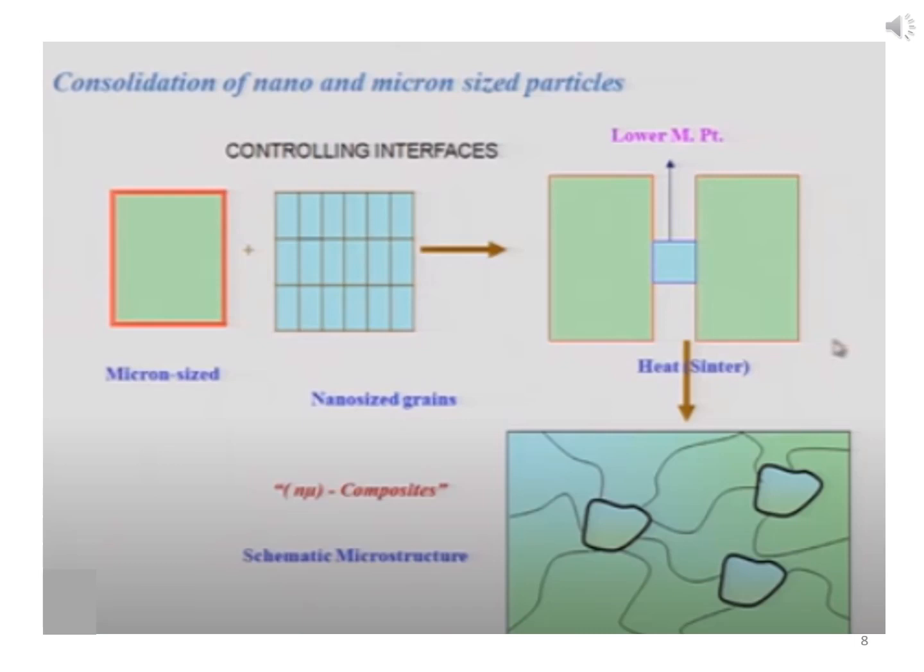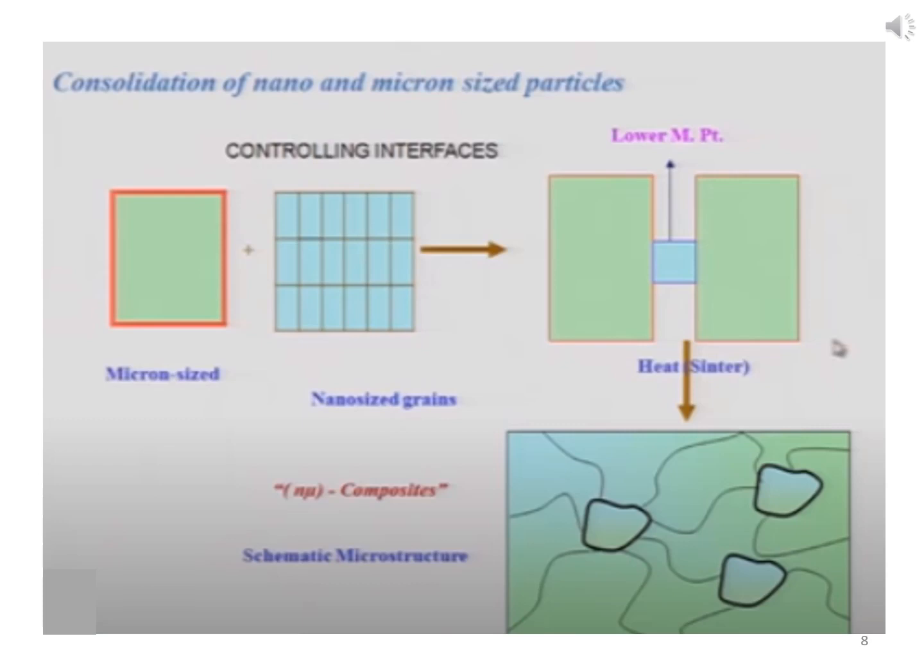what these small particles will do. These small particles can join the large particles because the smaller particles have a lower melting point. They melt first, so they help bond the larger particles. So when you heat, this smaller part melts first and it sinters.